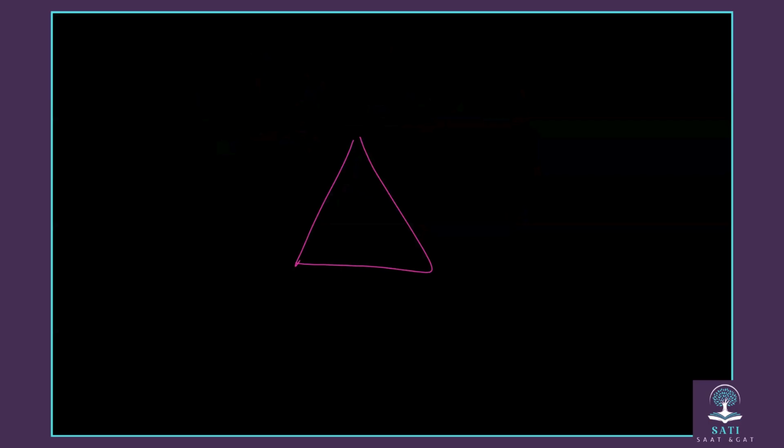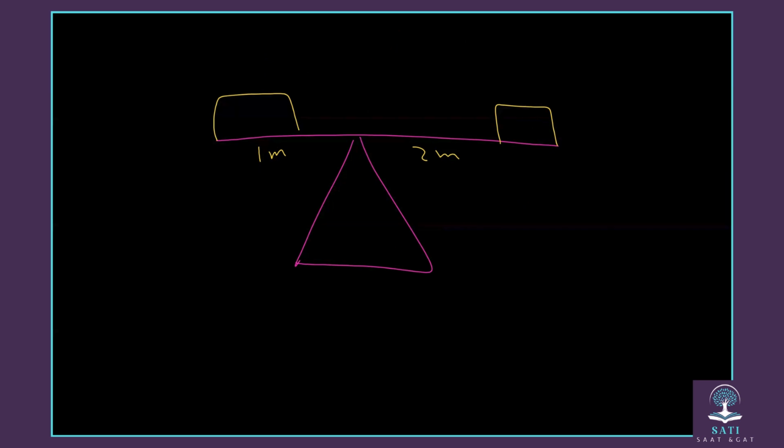Example here, if I have here 1 meter and here 2 meters. We have two objects. Okay, if this one now is 6 kilograms, what should be the mass of this object here in order to make them balance? Again, the torque that is clockwise has to equal the torque that is counterclockwise.